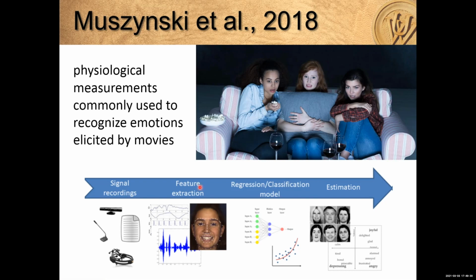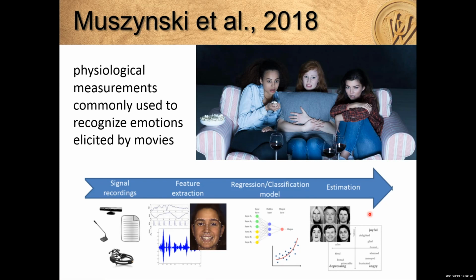We extract different features from this information, just like mean heart rate, prefrontal activity, central activity. We put that into a classification model, as the previous speakers have described, and then we say at the end, well, people thought that this movie was fun or depressing or something in between.